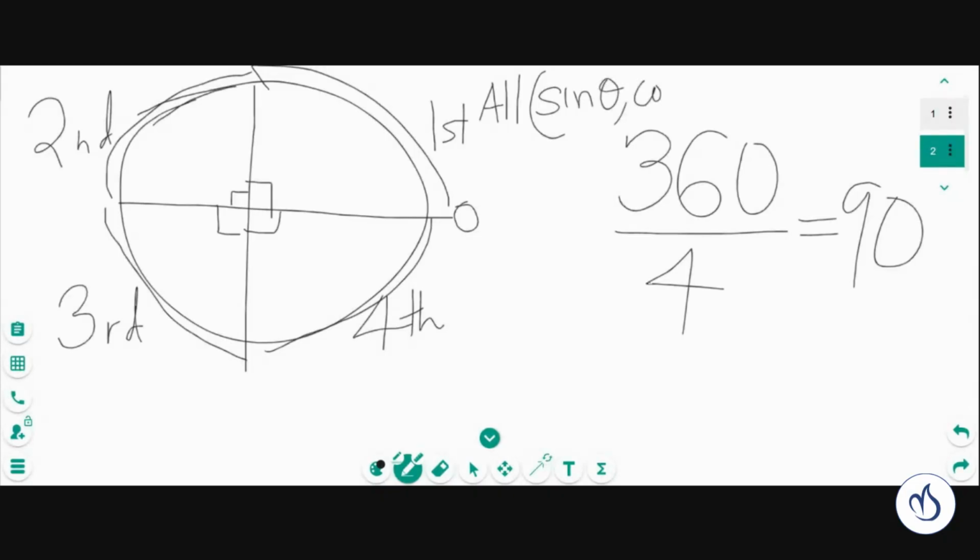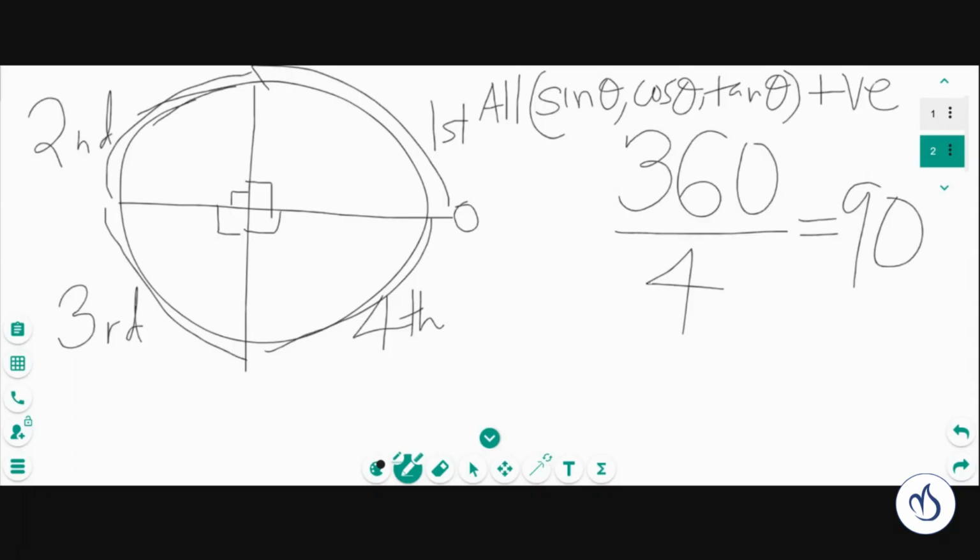Sine of theta, cos of theta, and tan of theta, all of them are positive.